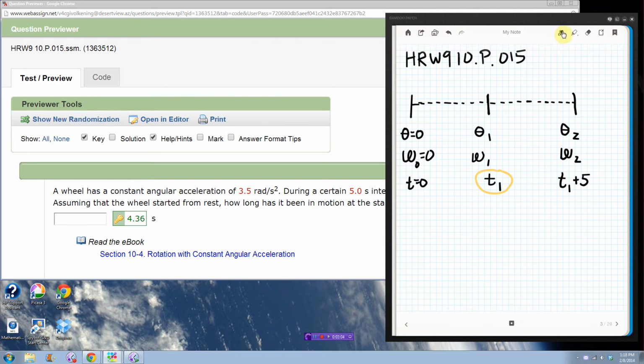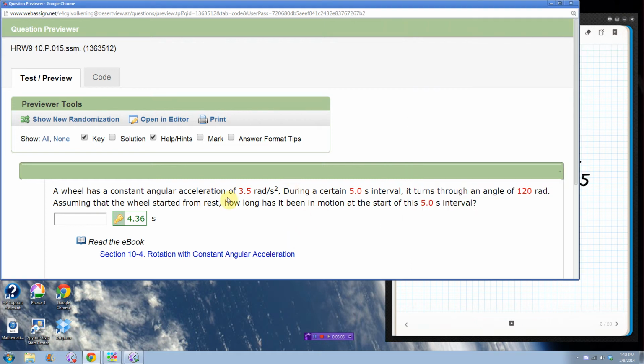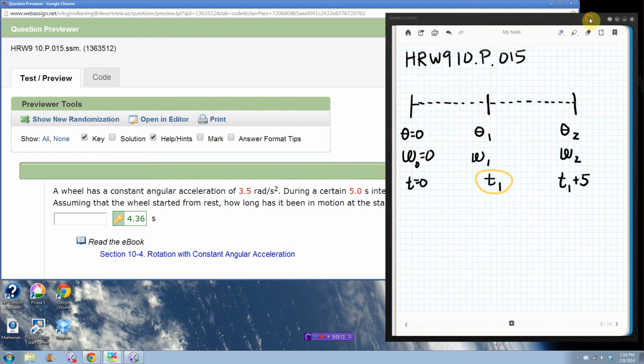Now, I also know that during the 5-second interval, it turns through an angle of 120 radians. So this right here is 120 radians. What we're really saying is theta 2 minus theta 1 will leave this left over.